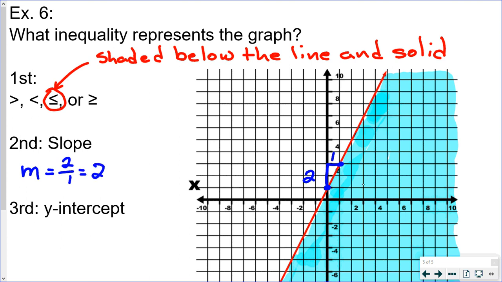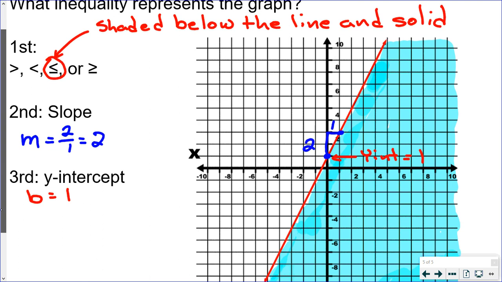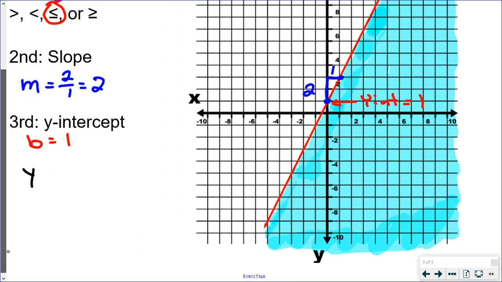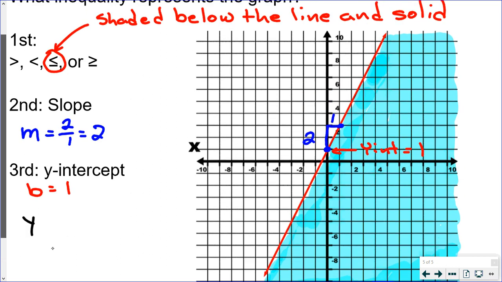The y-intercept is right here. The y-intercept equals 1, so b equals 1. Again, I'm going to write this in slope-intercept form, which is y equals mx plus b.